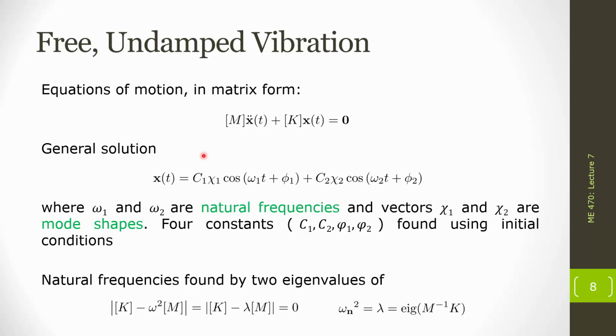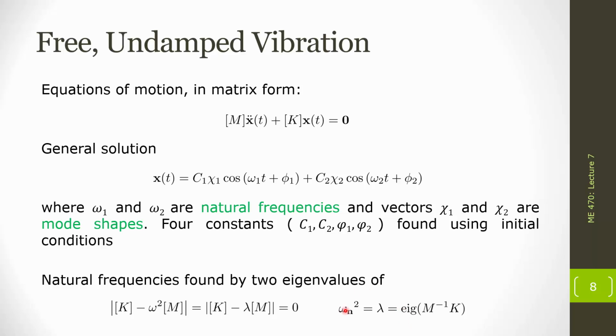So what's going to be important as we go forward is that chi1 is associated with Omega1, chi2, the second mode shape, is associated with the second natural frequency, that the order does matter, or the pairing does matter here. So I will assign Omega1 to be the smaller, Omega2 to be the larger of the 2 natural frequencies from this step.